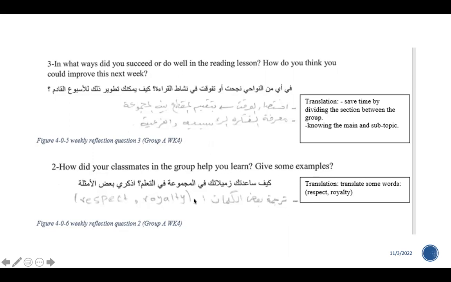One of the examples, which I've translated here, is that they were able to understand the meaning of royalty and respect. And also they saved some time dividing the sections between the group, knowing the main idea and subtopic. So this allowed them to learn in a collaborative way.